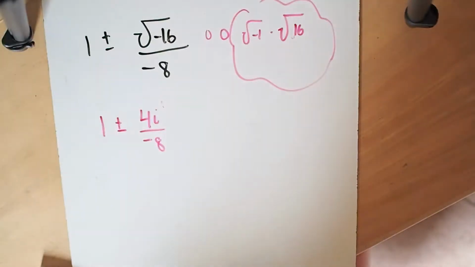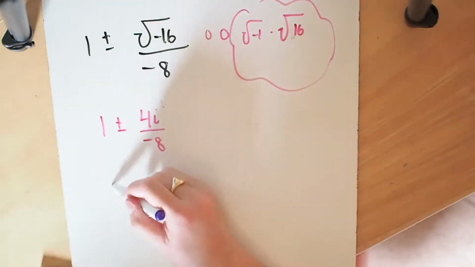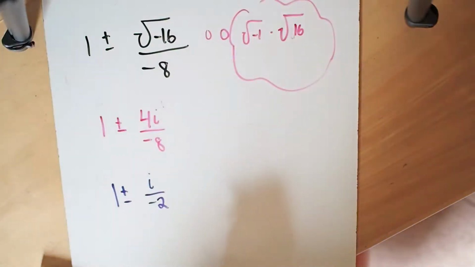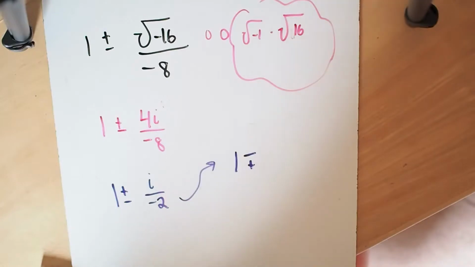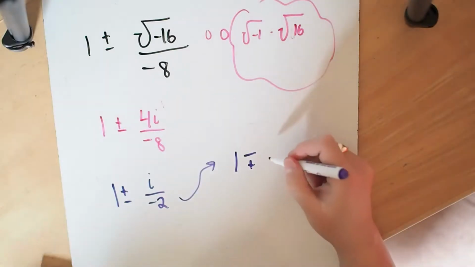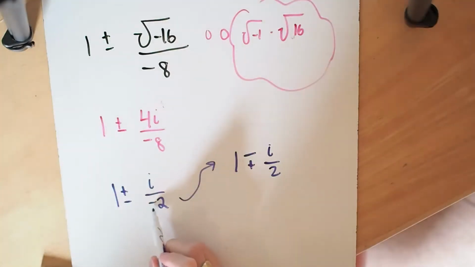Interestingly enough, now we can simplify 4 and negative 8, which have common factors, and we get 1 plus or minus i over negative 2, which is kind of awkward because of this negative 2 on the bottom. I'm simply going to rewrite it as 1 minus or plus i over 2, which is technically the same thing as plus or minus, so this basically stops mattering.